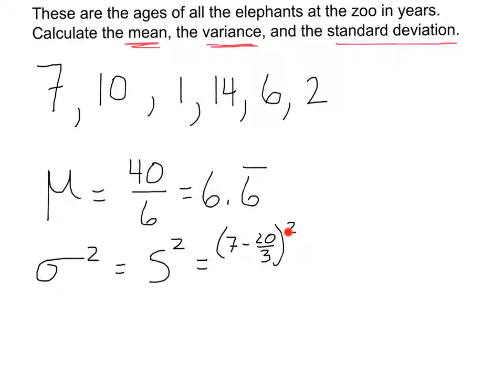Then I'm going to add that to the second elephant minus the average, squared.